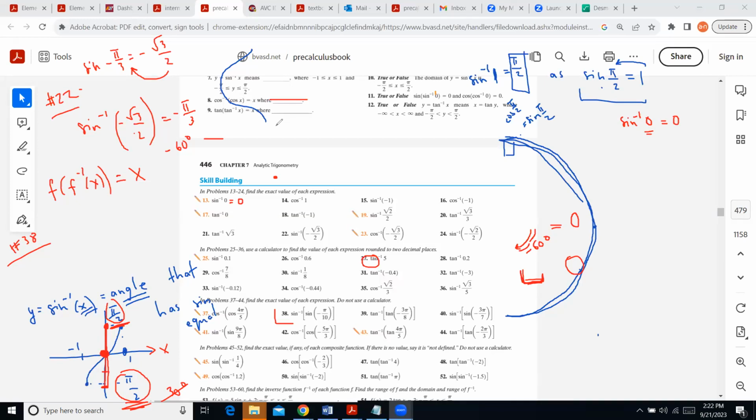So the answer is always in radians. That's why I wrote the answer for the previous exercise as negative pi over 3. But the calculator gives you minus 60 degrees, which supports that fact. But the answers are always in terms of radians for the arc functions, and that's what you will see.